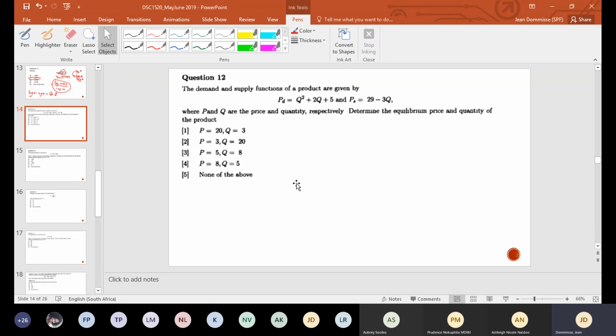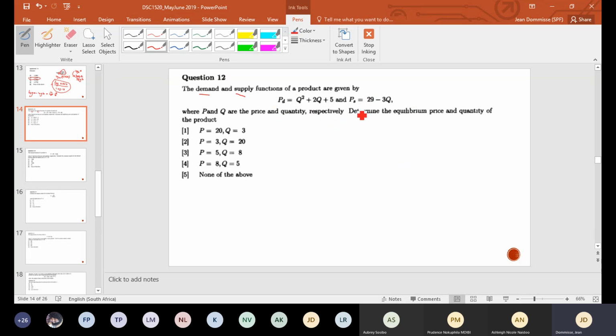Okay, let's look at this one. And this was quite an interesting one to look at, because we normally get the demand and supply functions where both are simple linear or both are quadratic.